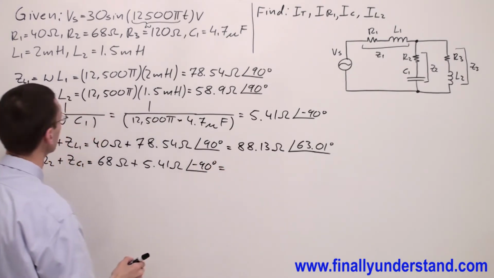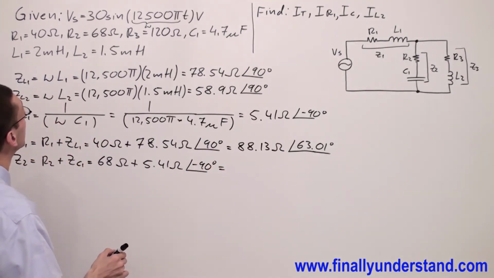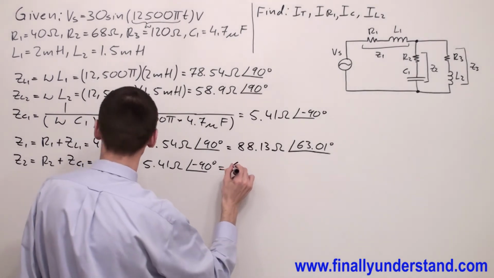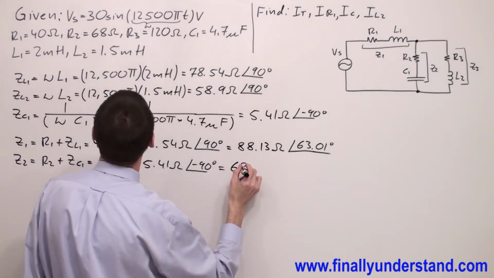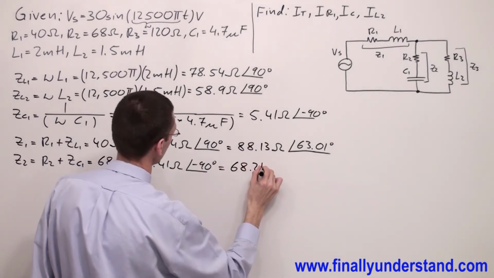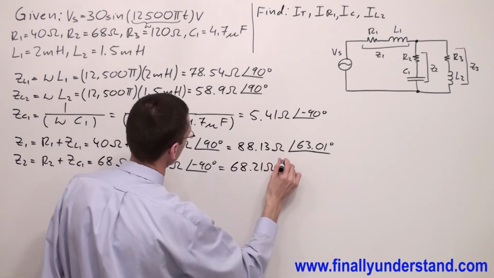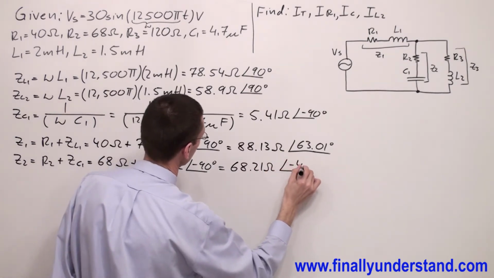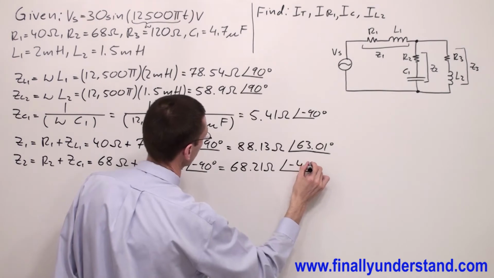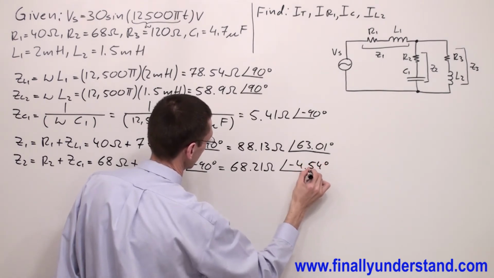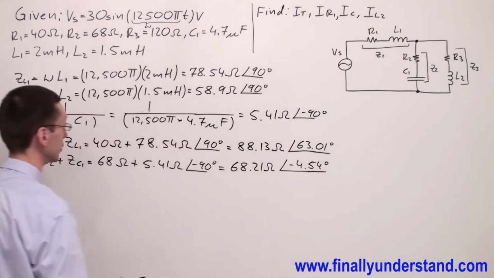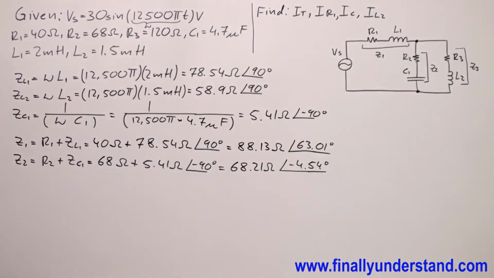This is equal to 68.21 ohms and angle of -4.54 degrees. Okay, so this is my impedance Z2.